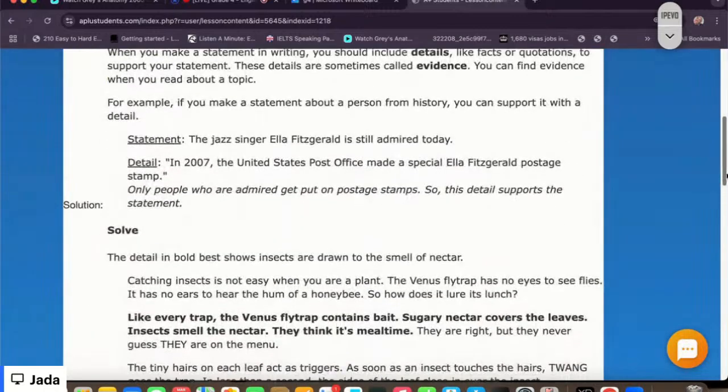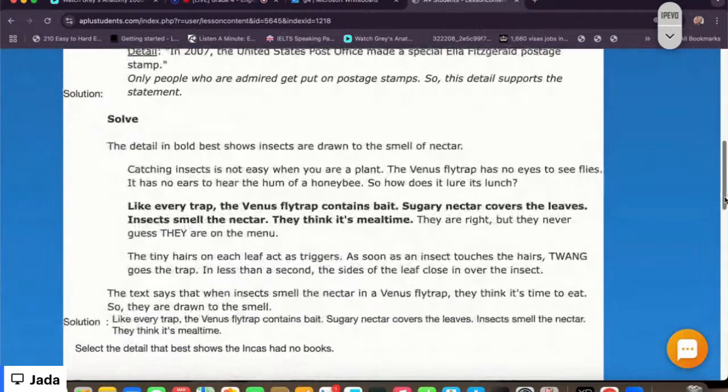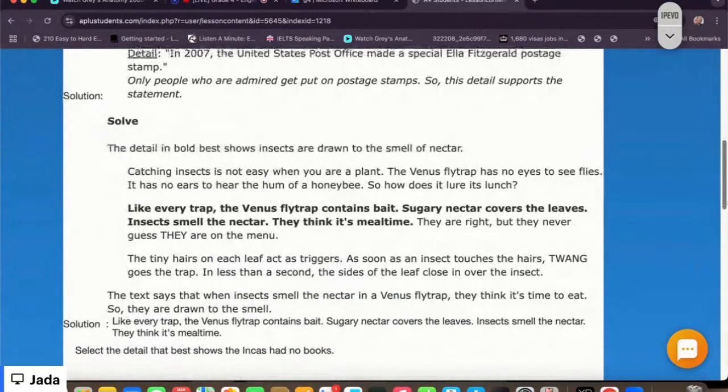So we can see here. Alright, so this detail shows that they are drawn to it because of the sugary nectar that covers the leaves.